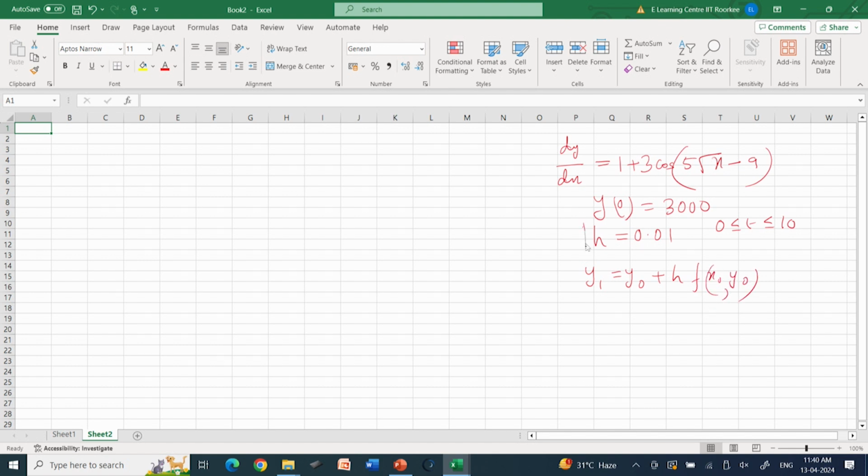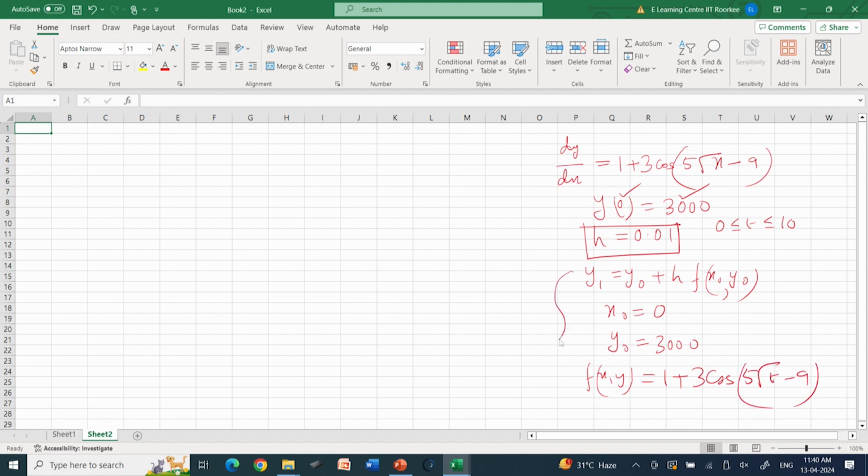So, the h value is already there, your x0 is this value and your y0 is this value, and your f x y is equal to 1 plus 3 cos 5 root t minus 9.